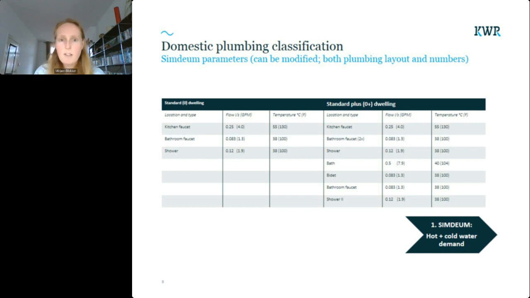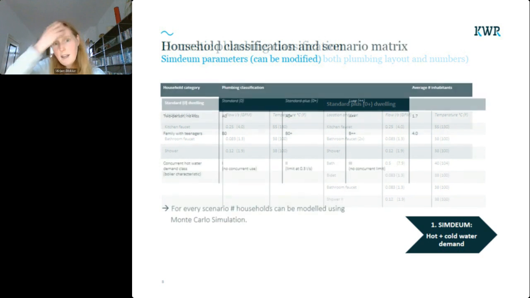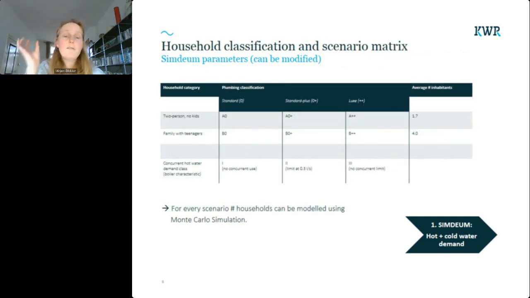So there were various dwellings that we did, and then we put different people inside those houses. You could think of a two-person household with no children, or a family with grown-up or teenage, so older, children, and they have different behavior and different results.